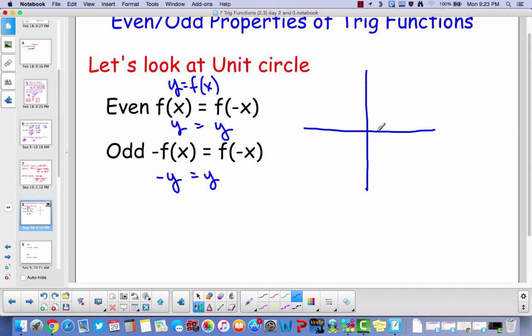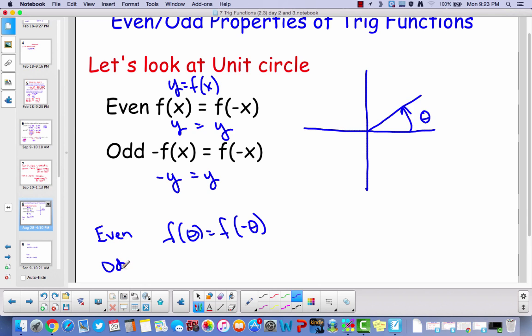Again, think of it this way. Here's my theta. So you can really think of this: f of theta equals f of negative theta for an even function.